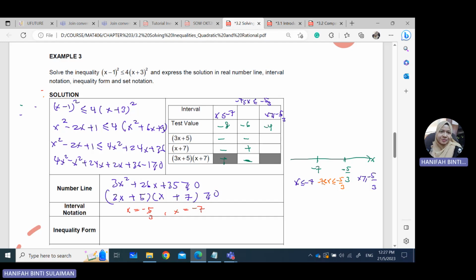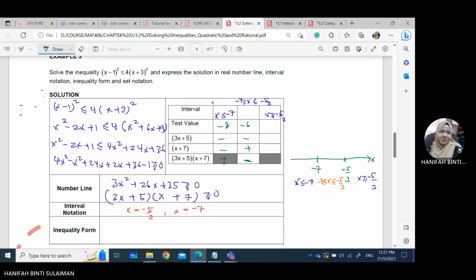Okay, negative 4. Kejap. Negative 4 dengan negative 5/3 mana lebih kecil? 4 tak boleh. Ya, tak boleh. Negative 1 boleh. Betul. Negative 1 boleh. Kosong pun boleh.